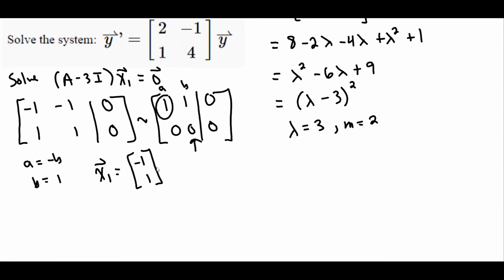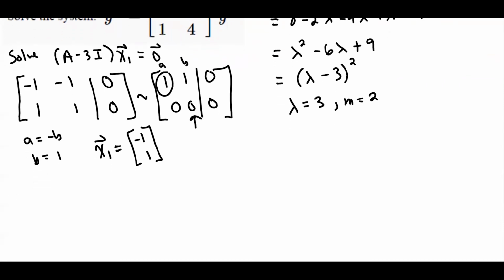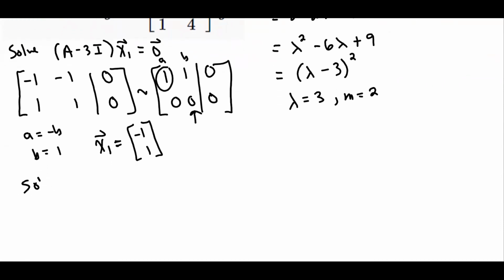So we did not get two linearly independent eigenvectors out of this one eigenvalue, but we need two to get our second solution, so we can span our solution set and get a fundamental set. So now we're going to solve A minus 3I times x2.